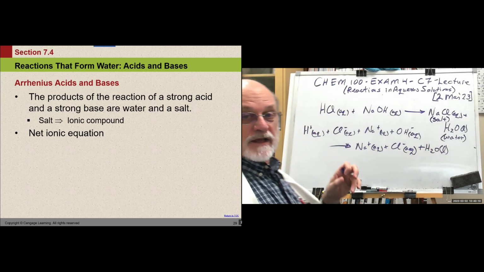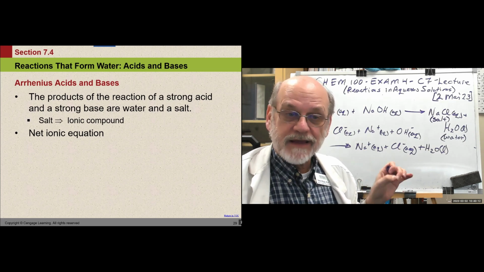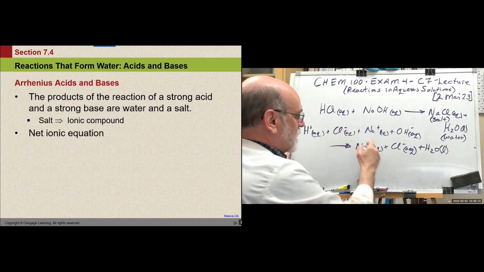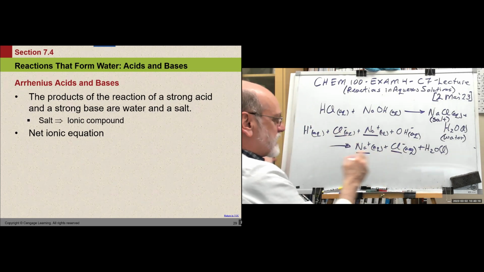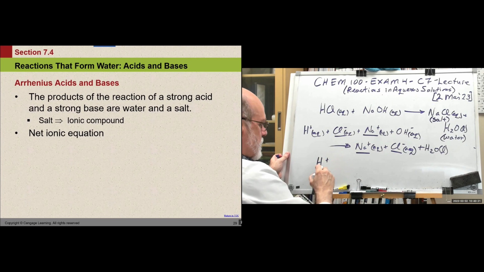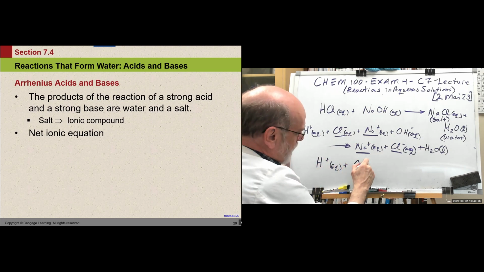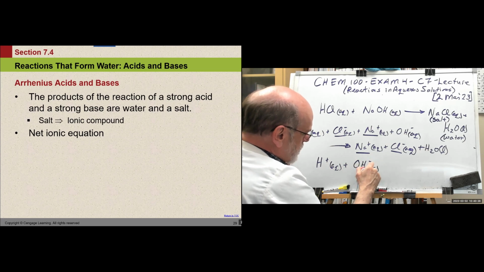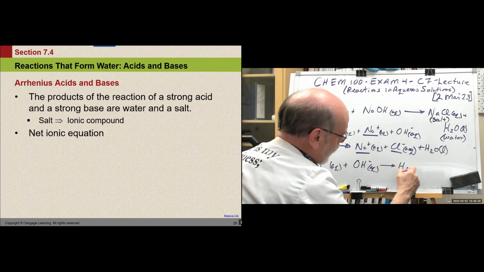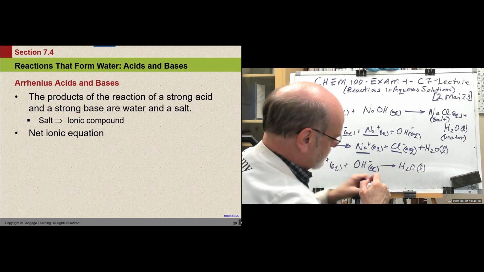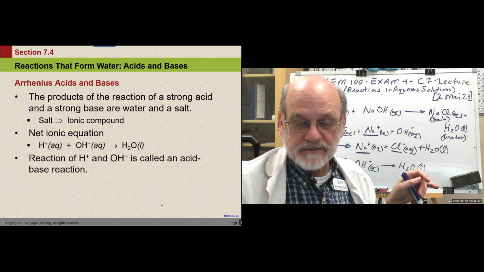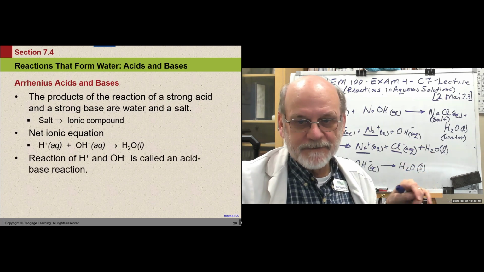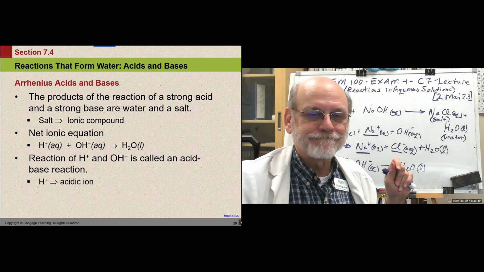Okay. So if we write the net ionic equation from this reaction, we've got sodium on both sides, we've got chloride on both sides. Now the net equation is just hydrogen ions plus hydroxyl ions yields water. That's the net equation for all acid-base reactions. Okay?